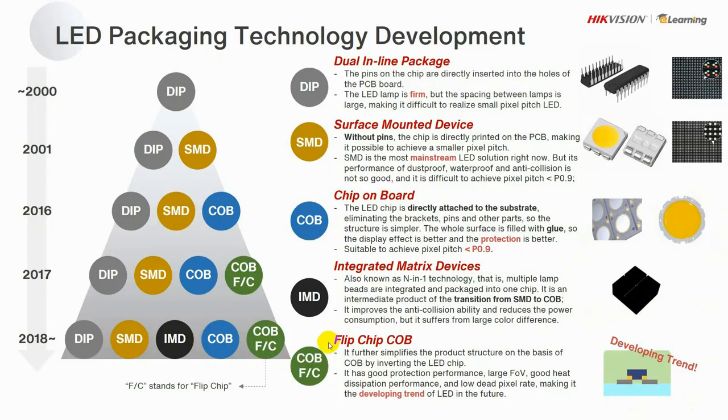Then we have flip chip COB. The flip chip COB is easy to understand if you understand what COB is. For COB, we have to use copper wire to connect the LED chip with the substrate. Then with flip chip, the copper is now under the LED chip. We can see on the right.